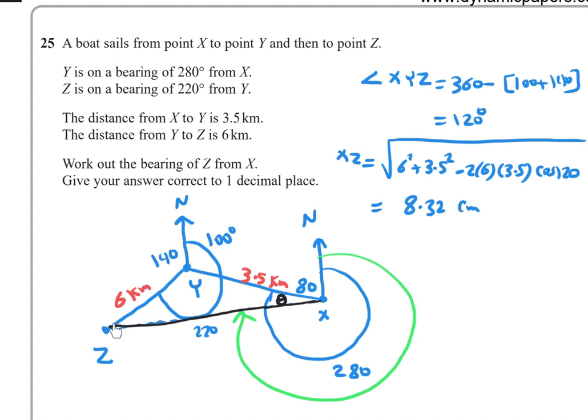Now in this triangle we have 3 sides, so we can find this angle theta with the cosine rule.